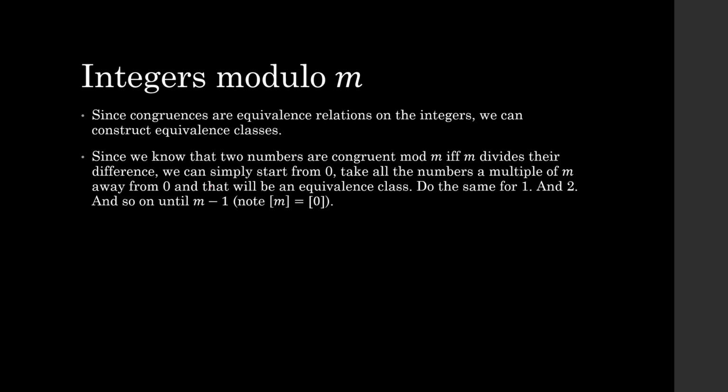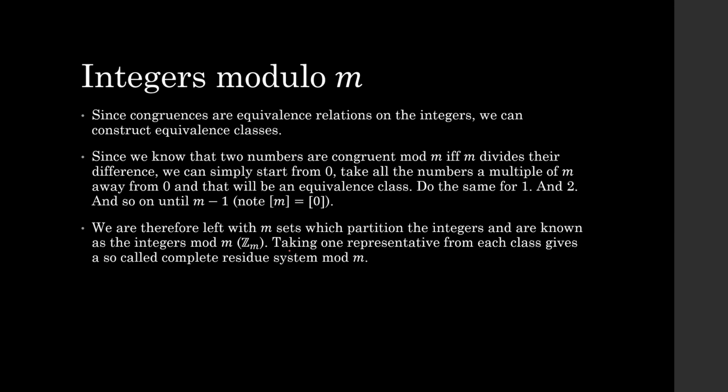All the numbers that are a multiple of m away from 0 will be one of the equivalence classes. We can do the same for 1 and for 2, and we can go on until m minus 1. Once we reach m, taking all the numbers that are a multiple of m away includes 0, and so m is really in the same equivalence class as 0. We're therefore left with m sets, which partition the integers.